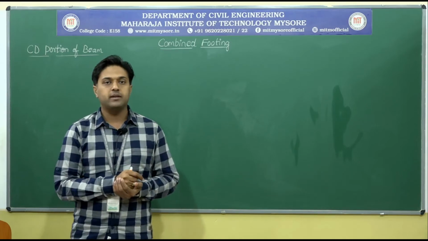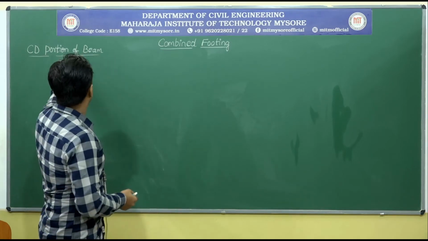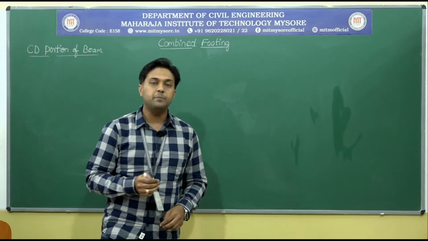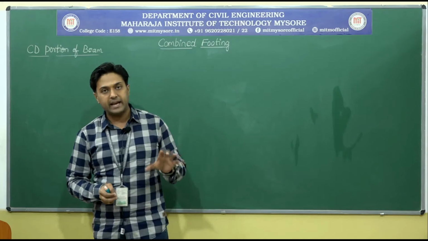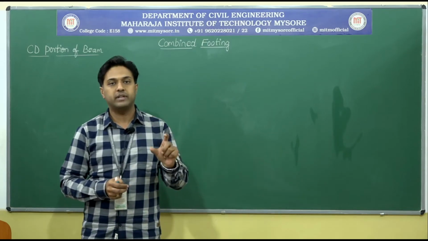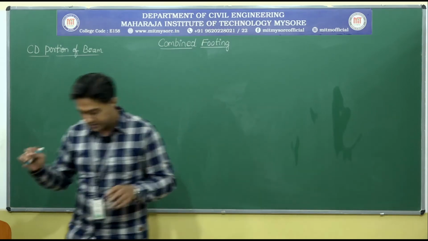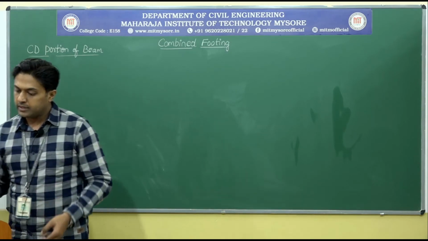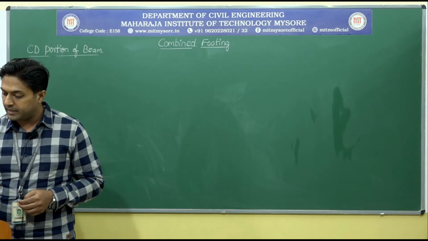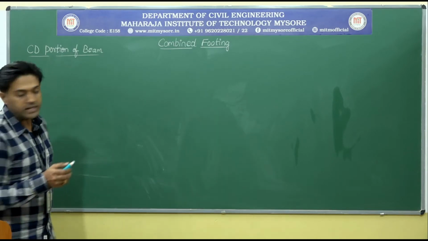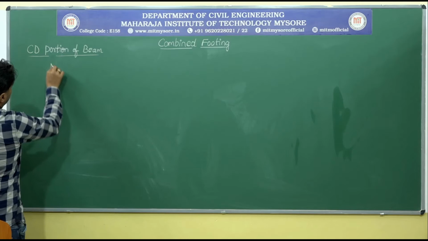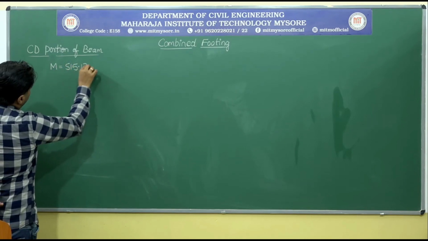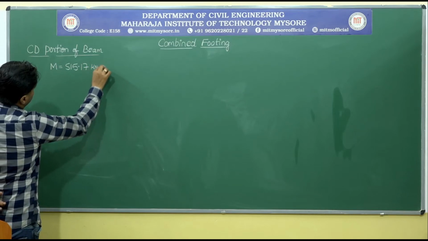As it is the CD portion, let me go back to the BMD diagram. There in the CD portion, what is the value that we are getting? Let me check it in the book. From the book, the value of the BMD is 515.17 kilonewton meter.